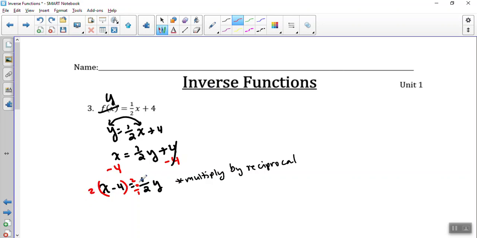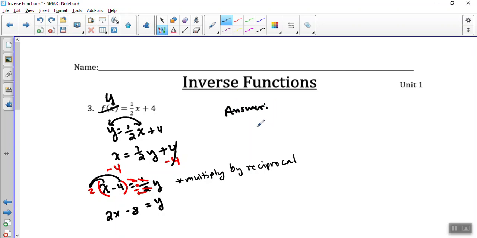What happens here is the 2's get crossed out and the 1's get crossed out. So all you have left here is y, which is what we wanted. We want to get y by itself. And then on this side you have 2 times x, which is 2x, and then 2 times negative 4, which is negative 8.